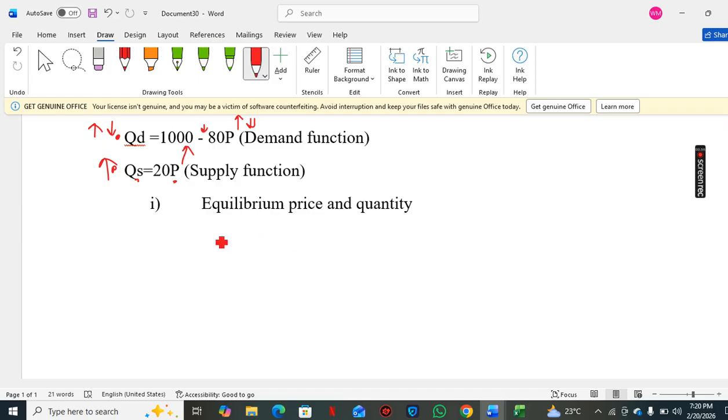Okay? So at equilibrium, quantity demanded equals quantity supplied.